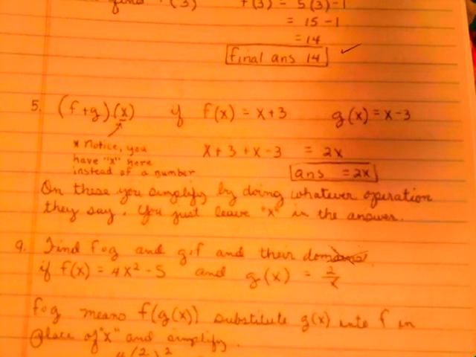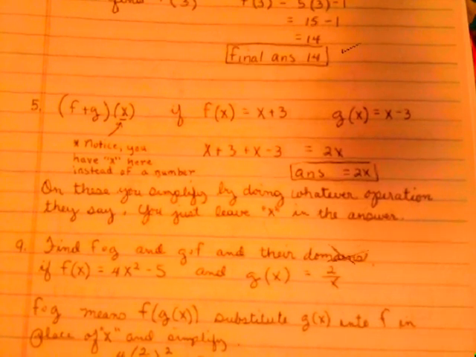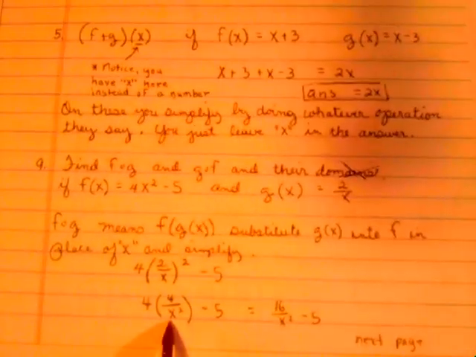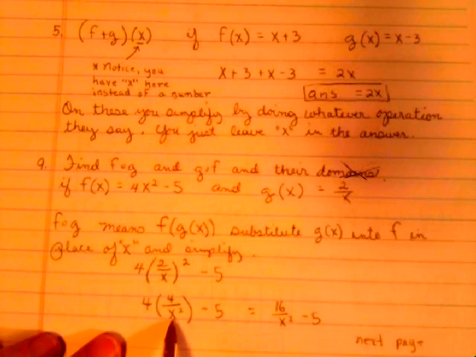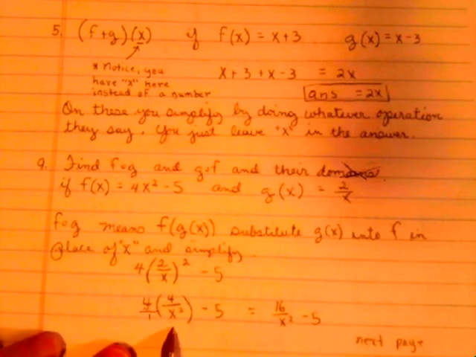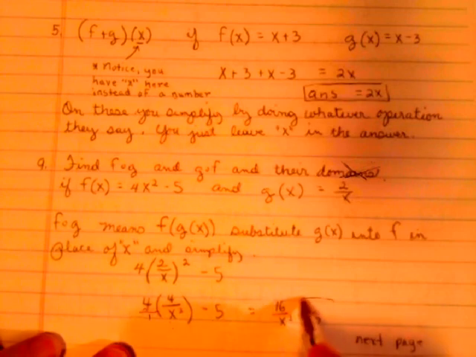I have 4 over 2 over x squared. Whenever I square 2 over x, I get 4 over x squared. So I have to multiply 4 over 1 times 4 over x squared. 4 times 4 is 16 over x squared, minus 5. That is my answer.